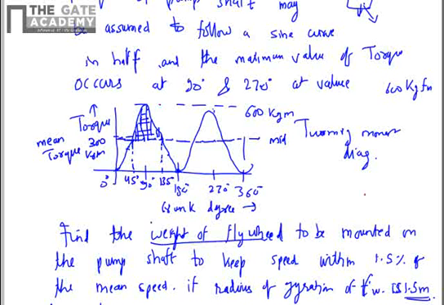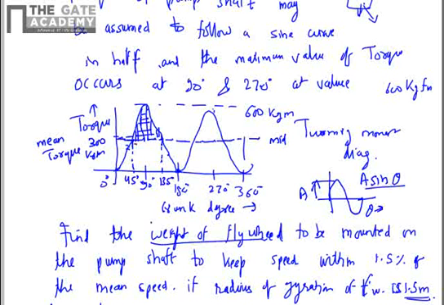So first we will write the equation for the torque. A normal sine wave looks like this. It starts at the midspan, at 0 degree. In this case, it is starting at 45 degree. So in the normal case, you have the amplitude A. Let's say the equation of the sine wave is A sine theta.